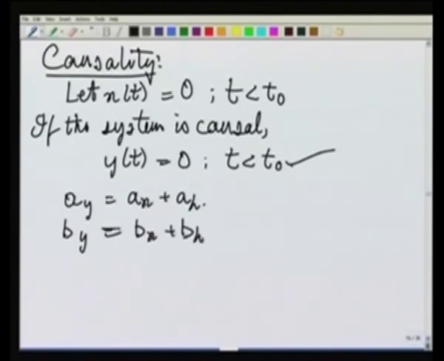Fine. Now, our concern is with the left side limit of the support, that is t naught. In this case, A_x equals t naught, and we require, since the system is causal, that A_y must be greater than or equal to t naught.